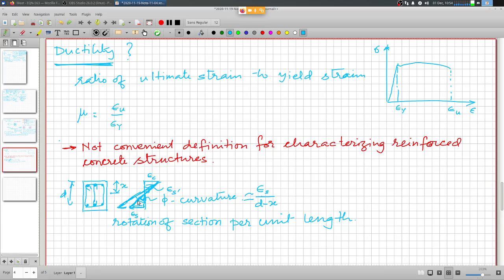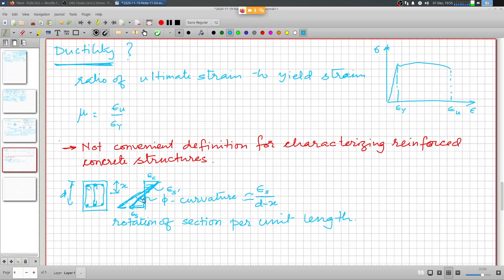What is the ductility when we have the maximum deformation in the section, the completely plastic hinge case, full plastic hinge development?